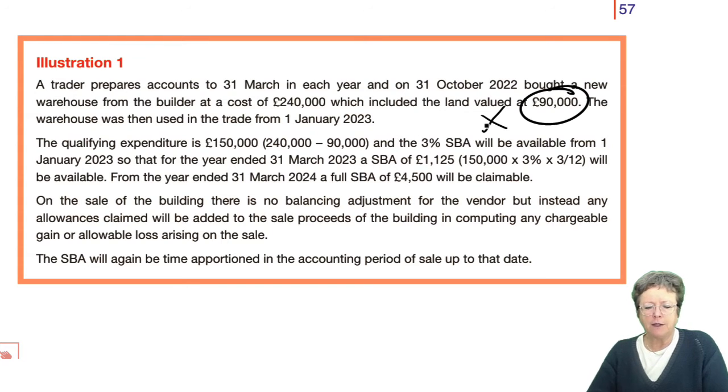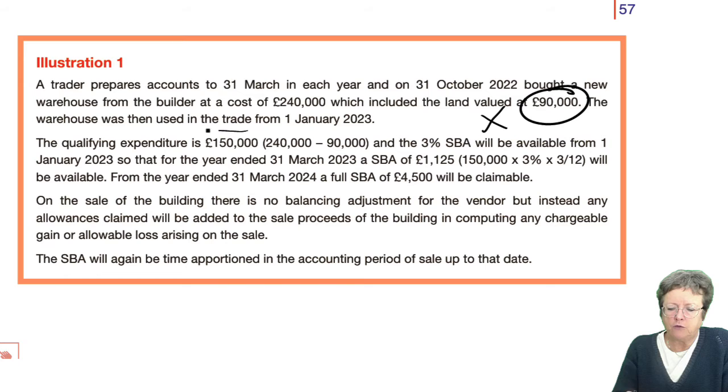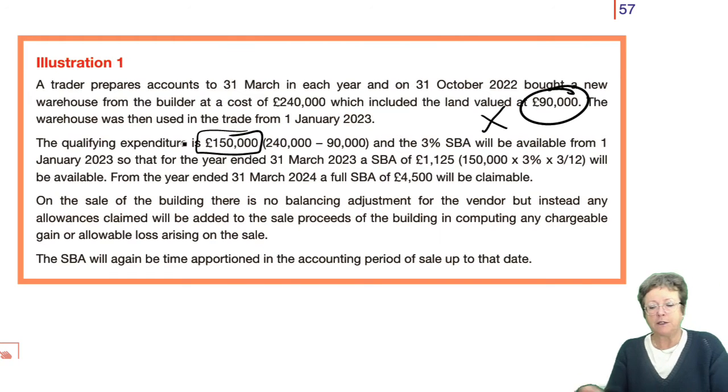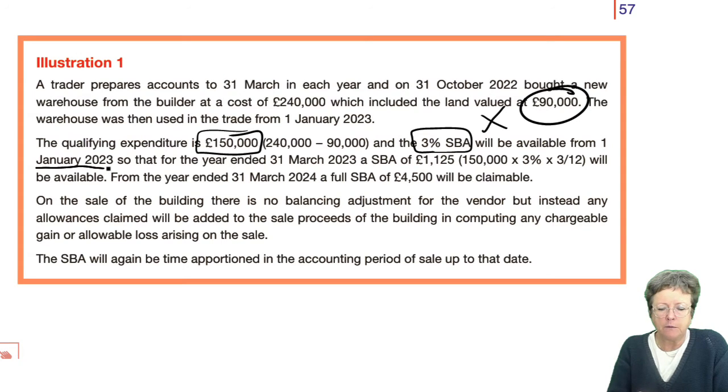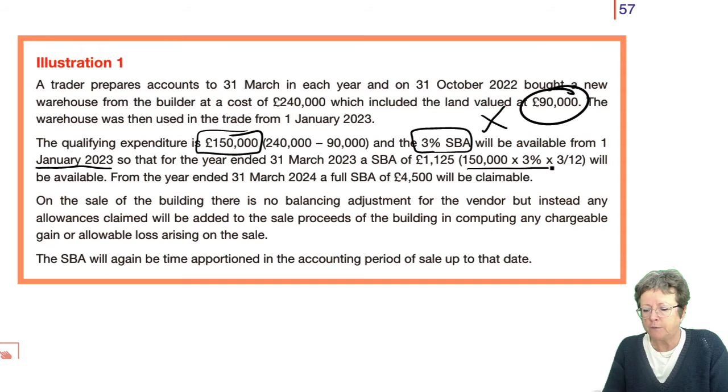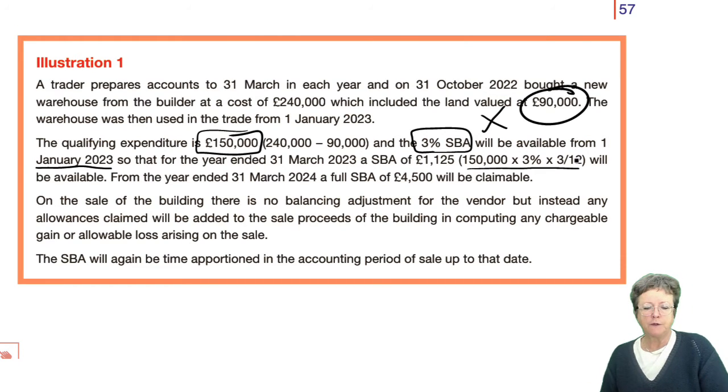Now the qualifying expenditure is only $150,000 because obviously you can't have the land. And the SBA of 3% is only available from the 1st of January. So for the year ended March 23, it's 150,000 times 3% times 3/12, which is 1,125. Now, the full SBA can be claimed the following year, which is 4,500.